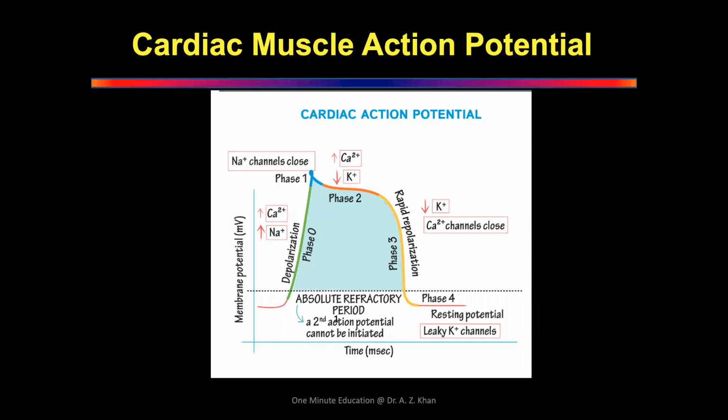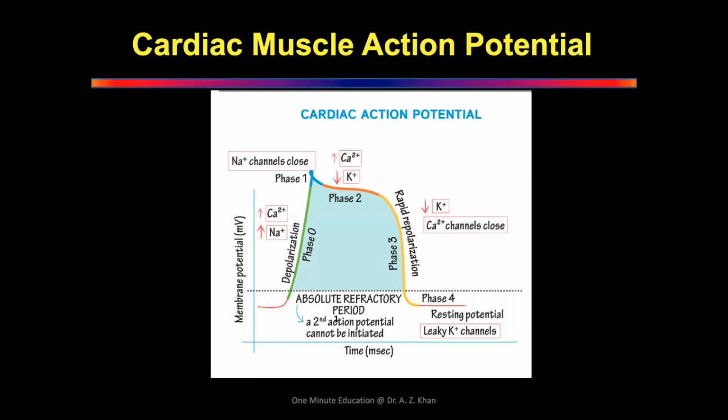Did that make sense? Yes or no? Good. So now my next question to you is, if I have shown you how a cardiac muscle forms an action potential, I want you to draw on a next page.